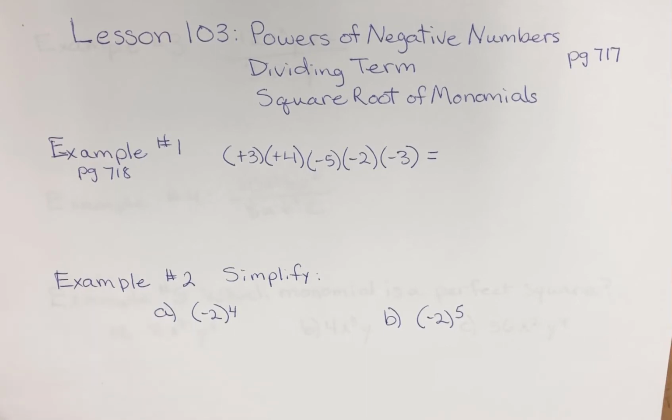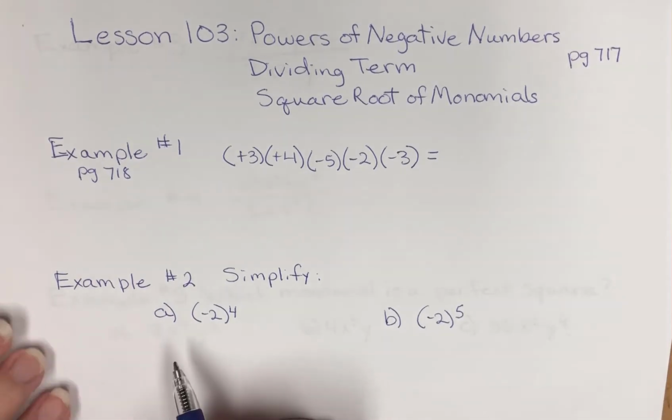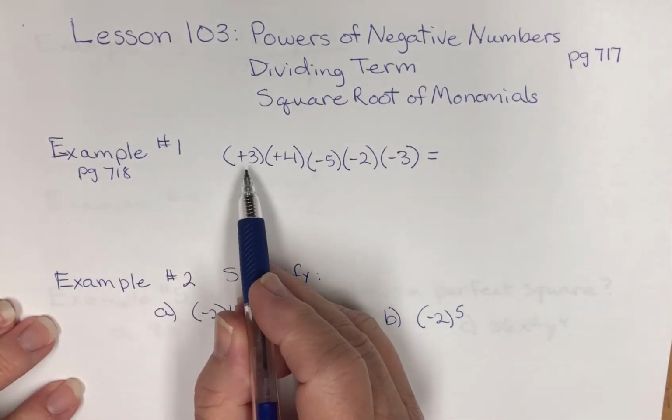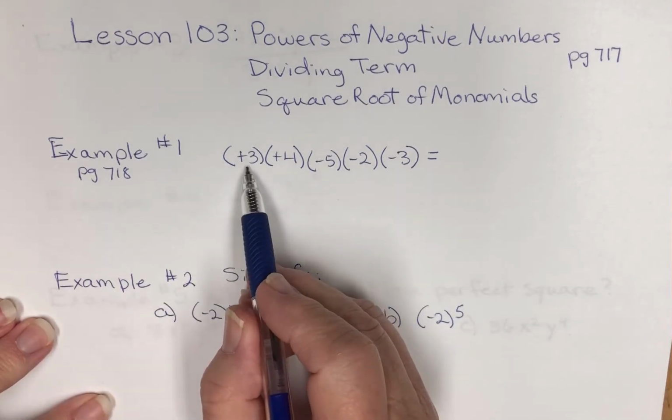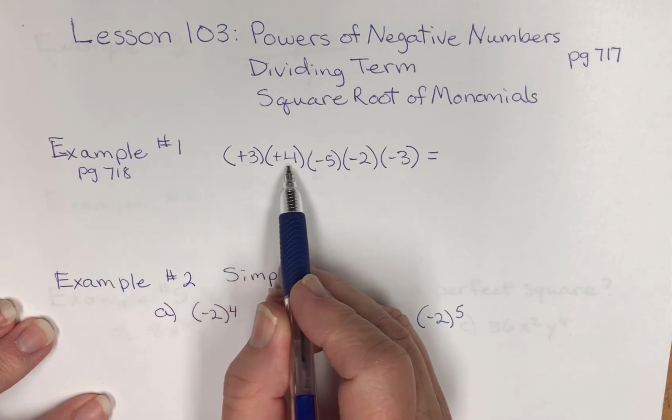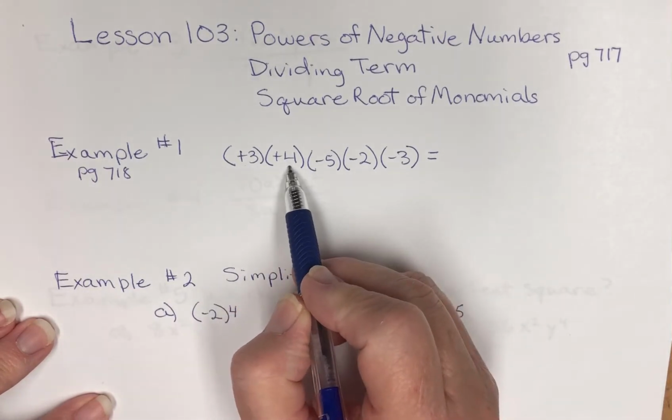So today we're going to start out with example 1 in our book, and as you can see, there are 5 terms. There are two ways to do this problem. We could start on the left-hand side and multiply positive 3 times positive 4, which gives us positive 12.